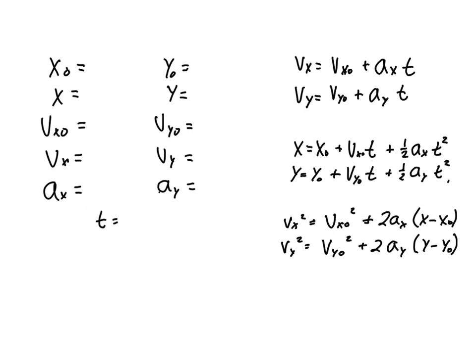Time is not in either of those directions. When you ask somebody how long it took them to tie their shoes, odd question to ask, but if you asked it, they wouldn't say, oh, 5 seconds to the right or 10 seconds south. No, it's just 10 seconds, 5 seconds. There's no direction with that. Time we treat as a scalar quantity in all of these, and so as a result, we don't have two separate times.